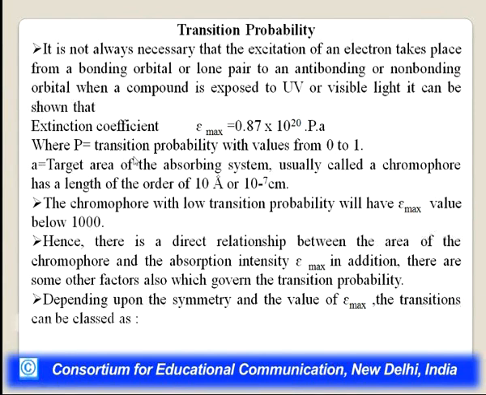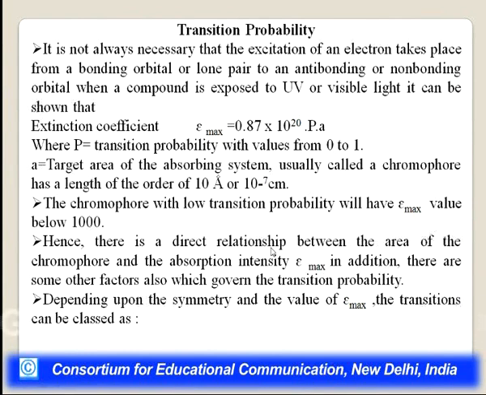It is the transition probability with values 0 to 1. And what is A? It is the target area of the absorbing system, usually called a chromophore, and has a length of the order of 10 angstrom, that is 10 to the power minus 7 centimeter. A chromophore with low transition probability will have an epsilon maximum value below 1000.